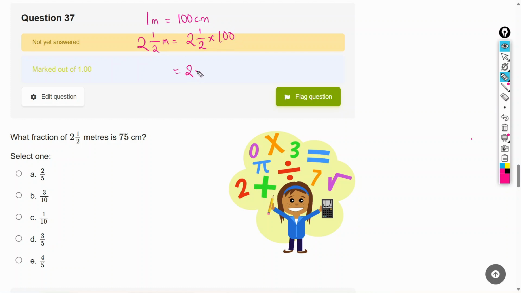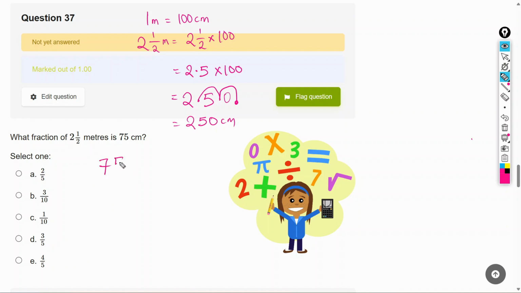When we multiply by 100, we are adding zeros behind or moving our decimal point. So 2.5, we move once, we have multiplied by 10, we move again, we have multiplied by 100. So there's a 0 here. So that's 250 centimeters. So 2.5 meters is 250 centimeters.